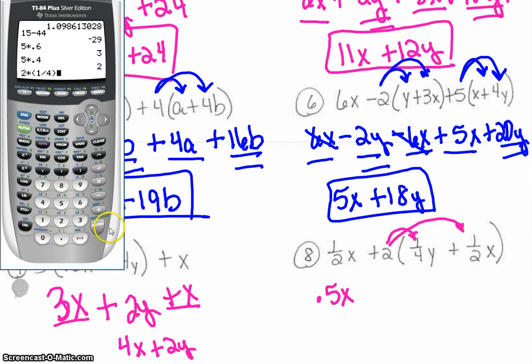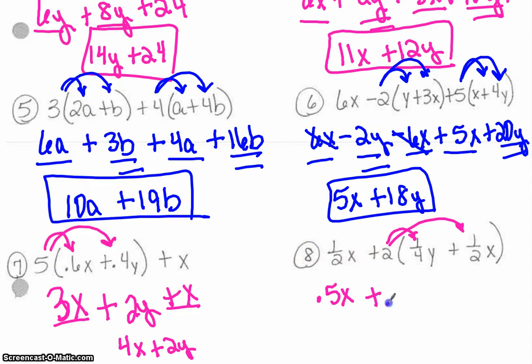Put that 1/4 in parentheses, or put it in as a fraction if that's how you prefer. So that's going to be plus 0.5y. And then plus 2 times 1/2 is going to be 1x. So then you have to combine these, and 0.5 plus 1 is 1.5x. Bring down your plus 0.5y.